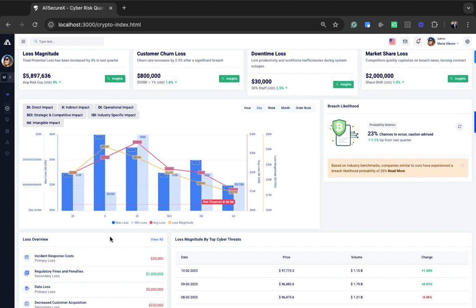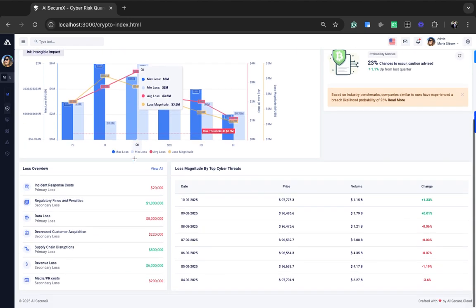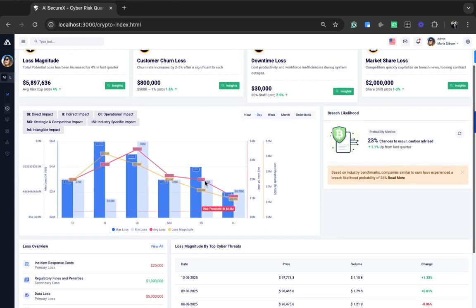We have used a hybrid calculation model based on FAIR and Monte Carlo simulations with more than 50,000 to 1 lakh iterations to give you realistic results, particularly with the risk thresholds and the average, minimum, and maximum losses. Similarly, we have further detailed the losses in terms of primary loss and secondary losses and the loss magnitude as per the different cyber threats which might be possible. So this gives you a holistic picture regarding the financial impact.